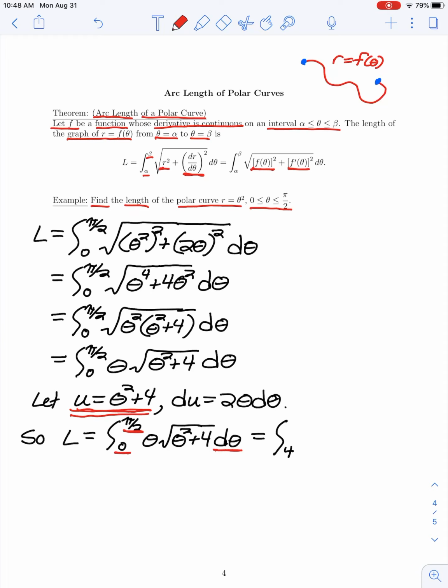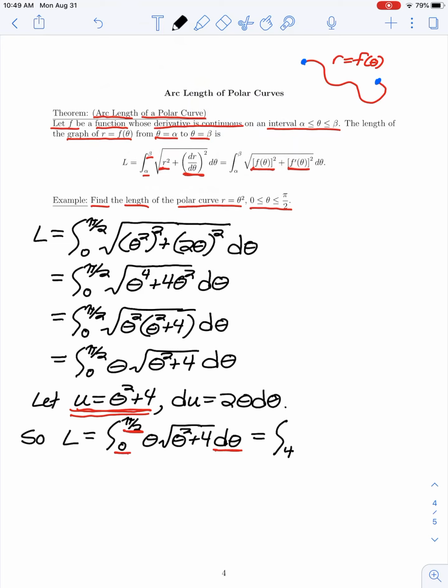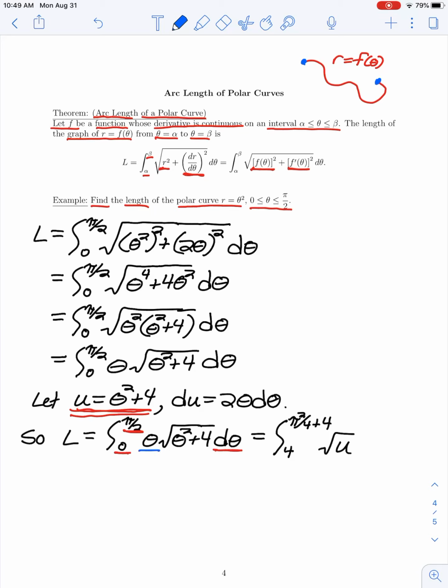So substituting that into our expression for u, the new upper limit would be pi over 2 squared, or pi squared over 4, plus 4. And the function that we're integrating is now the square root of u, and then this factor theta times d theta. Solving for theta times d theta, we would have du divided by 2.